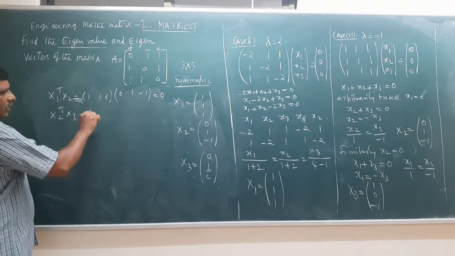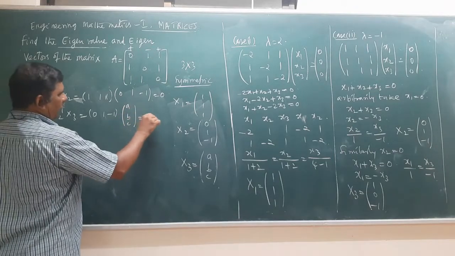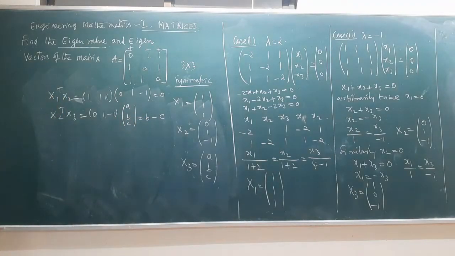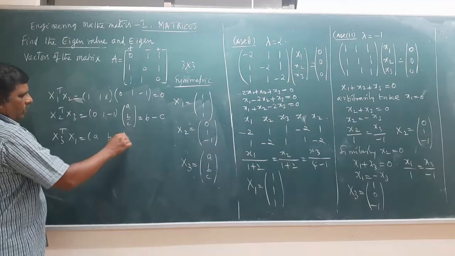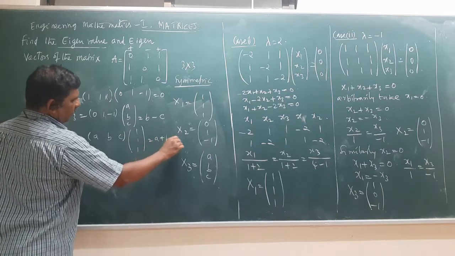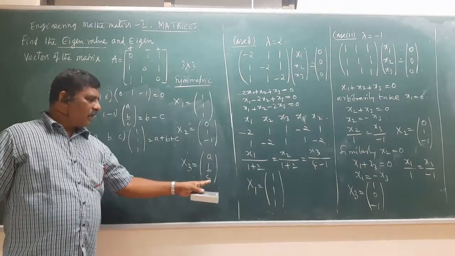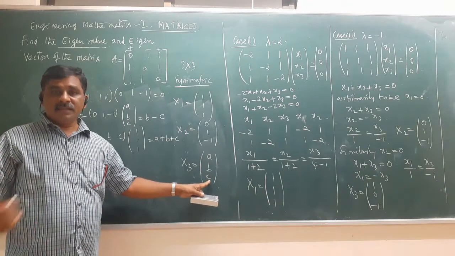Therefore 0, 1, minus 1 with A, B, C equals B minus C. Next, x3 transpose x1: A, B, C with 1, 1, 1, that means A plus B plus C. So solving these two equations, we will get the values of A, B, C. Substitute here, and we get the eigenvector which satisfies the condition.